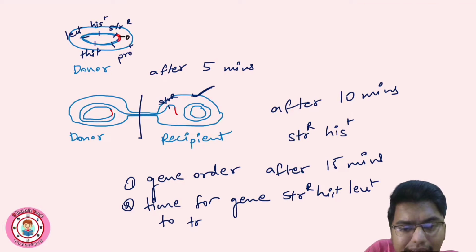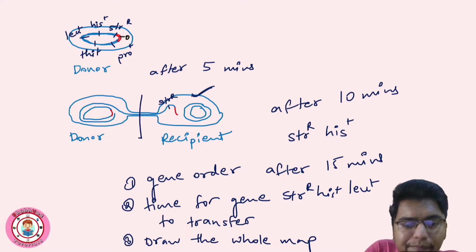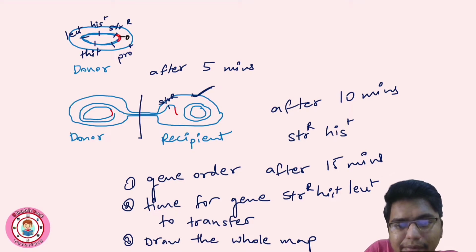Likewise, we can understand the time. And the third is to draw the whole map. The E. coli genetic map was prepared from these experiments only. The whole map of the E. coli genome was prepared from this interrupted mating experiment.